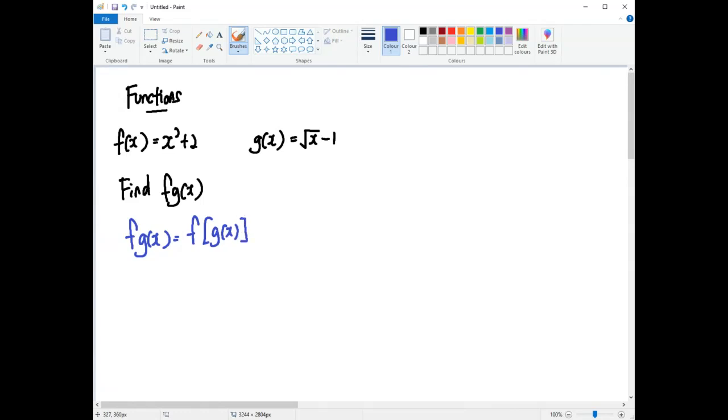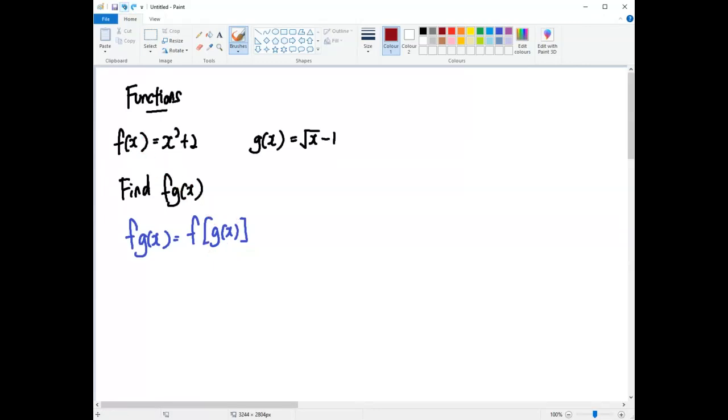From the previous question we know that we can replace x with a constant, a number, and now we learn that x can become a function as well. We can substitute any function into x. So for f(g(x)), I need to replace x with g(x).